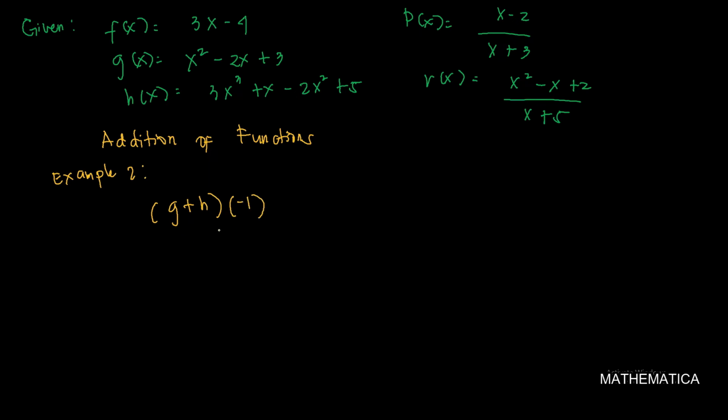So g plus h of negative 1. So, let us solve. Is equal to, copy lang natin yung ating g of x. So, we have x squared minus 2x plus 3 plus yung ating h of x. We have 3x cubed plus x minus 2x squared plus 5.